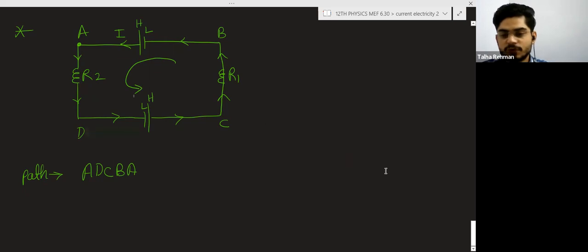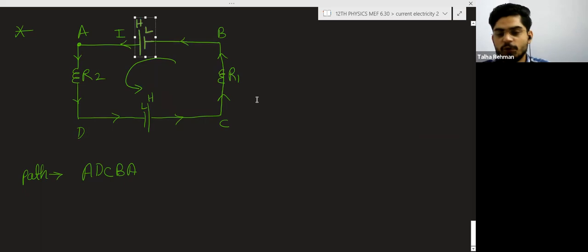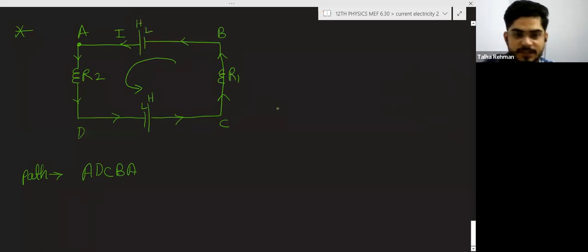According to Kirchhoff's voltage law, the summation of the voltages in a closed loop is equal to 0. There is a voltage across each element, so we have four potential differences. Suppose these are E1 and E2.